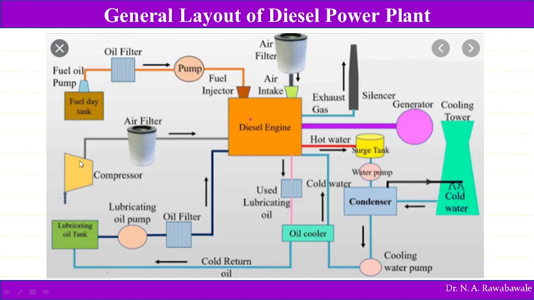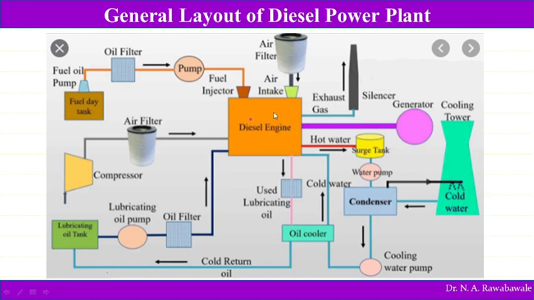This compressed air is taken from the compressor, filtered, and also supplied to the diesel engine. Due to the combustion of fuel, the heat energy produced is converted into mechanical work, and the shaft starts to rotate. This shaft is connected to the generator, which converts the mechanical energy into electrical energy, and this electrical energy is transmitted.